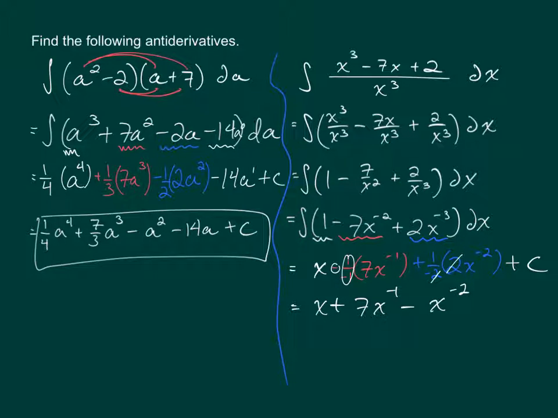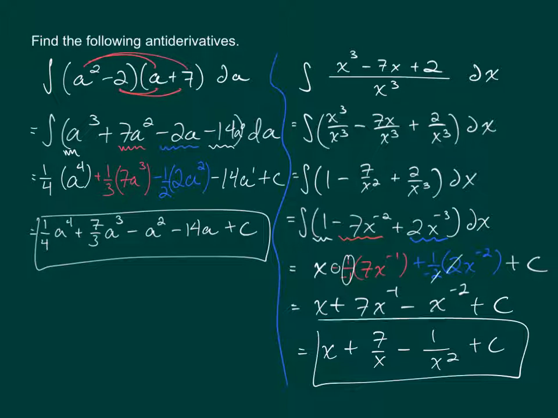And then lastly, since there are negative exponents here, we need to get rid of those as well. So this will leave us with x plus 7 over x minus 1 over x squared plus c. Please do not forget your plus c's at the end of these antiderivatives. Here is your answer for this antiderivative.